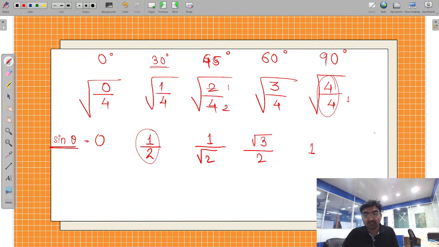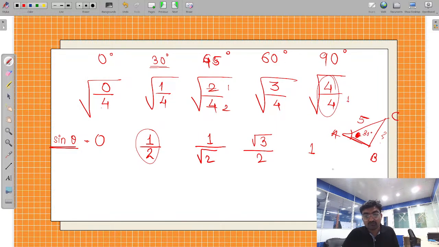Let's say we are talking about a triangle ABC, with angle theta, and they have given you AC as 5, and you don't know this side BC, but they have given you that theta is 30 degree.